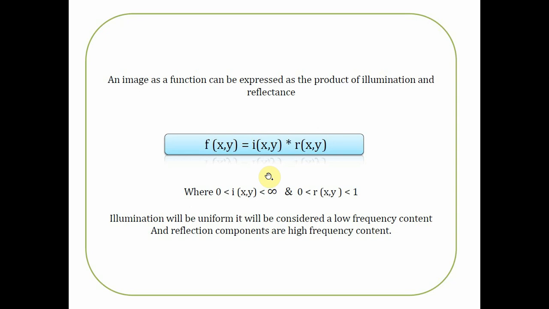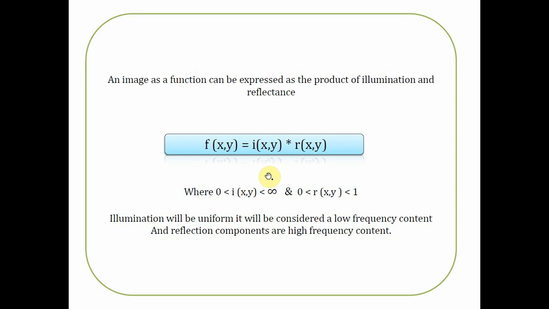And uniformly you will have the brightness all over the object. So the incident component is nothing but low frequency content, because there are no variations in the brightness.